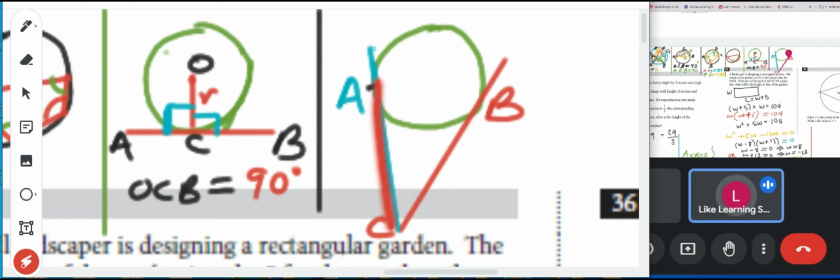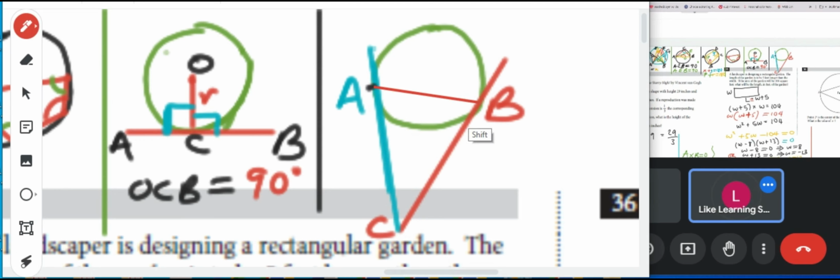Did you hear me? If two tangents drawn from a circle meet, the distance from where they meet to where each of those tangents touches the circle must be equal. In other words, this line must be equal to this line.